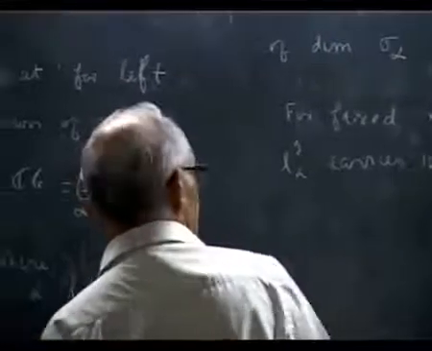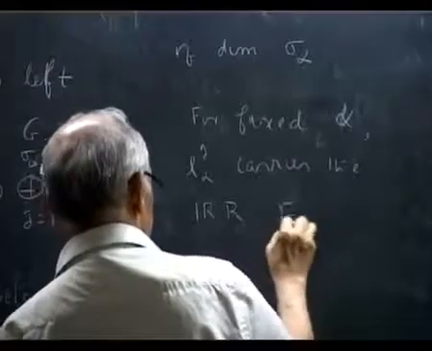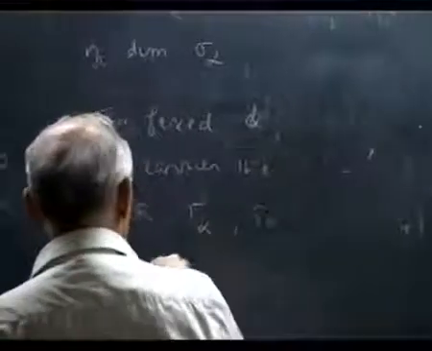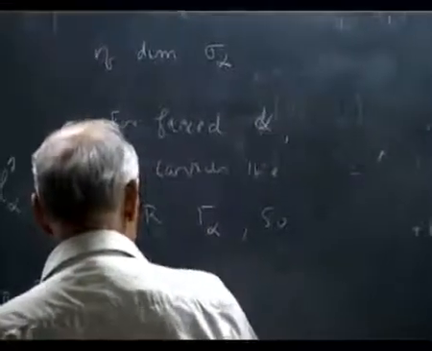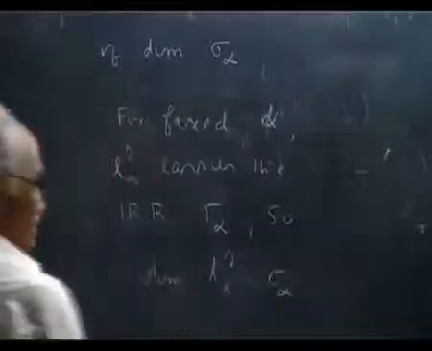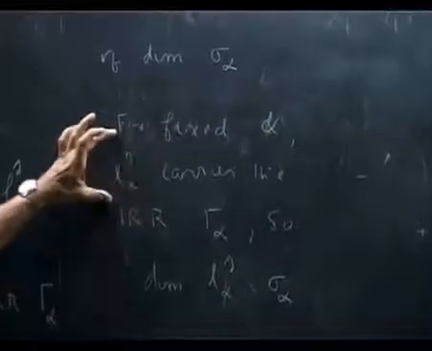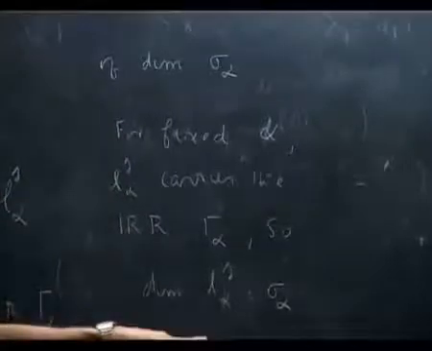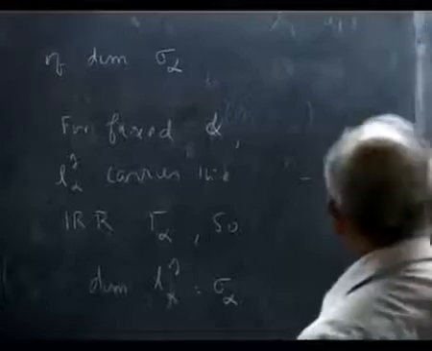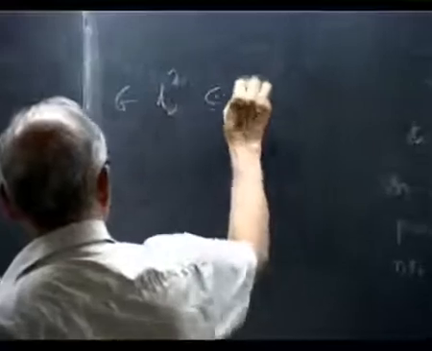So the dimension as a vector space of L alpha j is sigma alpha for all j. This is a vector space for fixed alpha of dimension sigma alpha, and when I act with the group G, if I multiply on the left on L alpha j, this is contained in L alpha j.